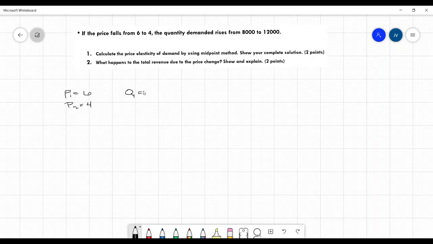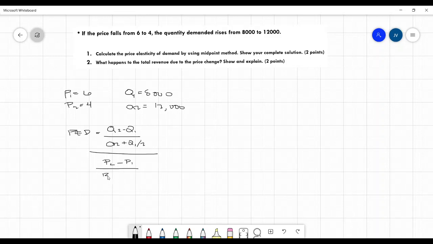So Q1 is 8,000 and then our Q2 is 12,000. So using equation 2 in computing our PED, it is Q2 minus Q1 over Q2 plus Q1 divided by 2, all over P2 minus P1 over P2 plus P1 divided by 2.